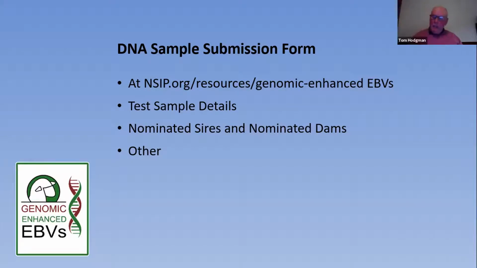And everybody's going to fit somewhere in between there. If you're relatively new to NSIP and don't have a lot of linkages, it's probably best to establish your understanding of the genetic diversity in your flock.